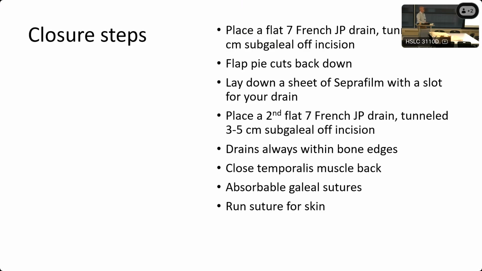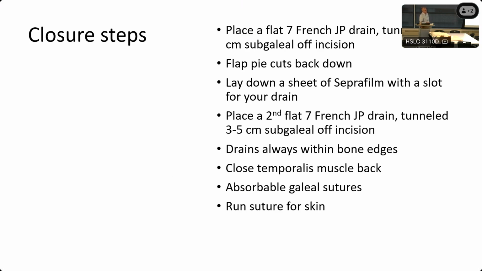Closure steps: I place a flat 7 French JP drain, tunneled 3 to 5 centimeters subgaleal off the incision. Then I place the pie flaps back down. I lay down a sheet of separate film to help reduce adhesions, with a little slot for your drain. I place a second JP drain, tunneled 3 to 5 centimeters.